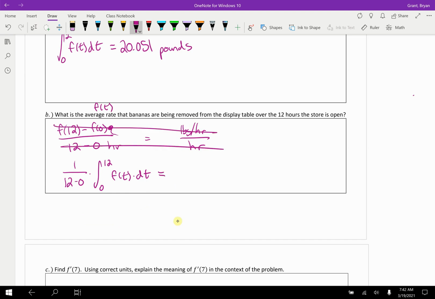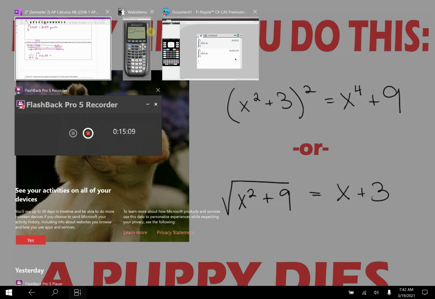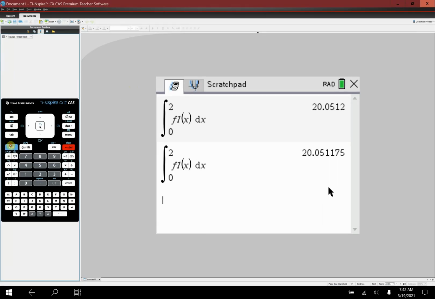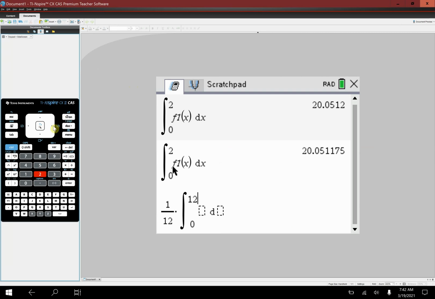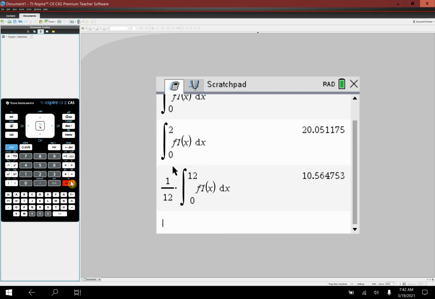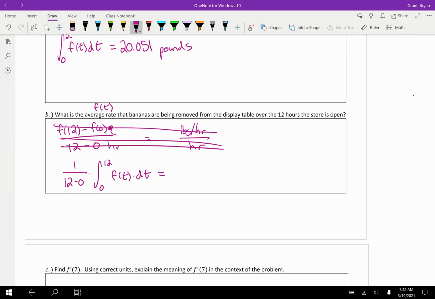Oh yeah, we do the calculator. Right? So nothing bad at all. I'm just going to stick with the Inspire. You guys know how to do this on the 84 as well. It's going to be 1/12 times the integral from 0 to 12 of that same function, f1 of x, 10.564 units pounds per hour.